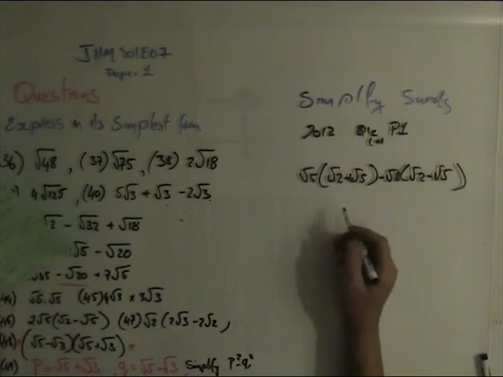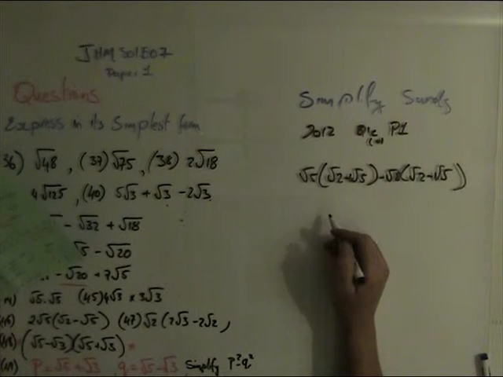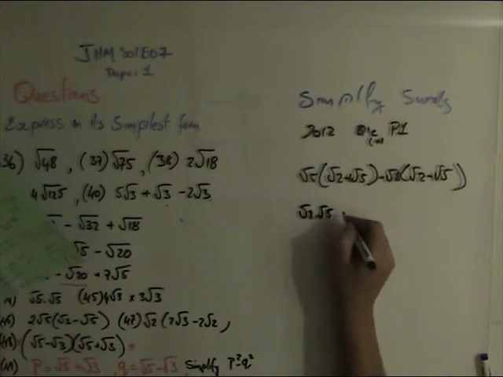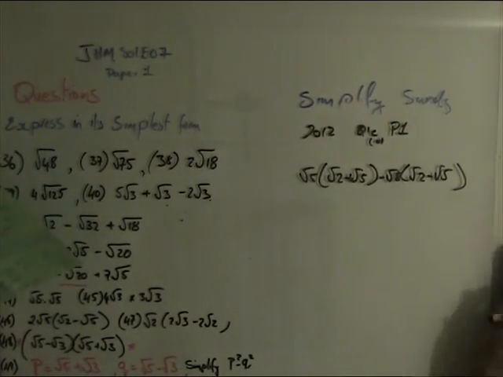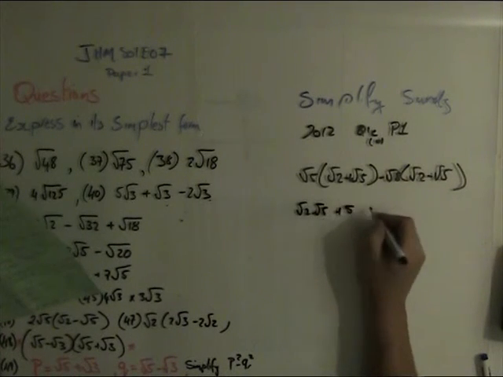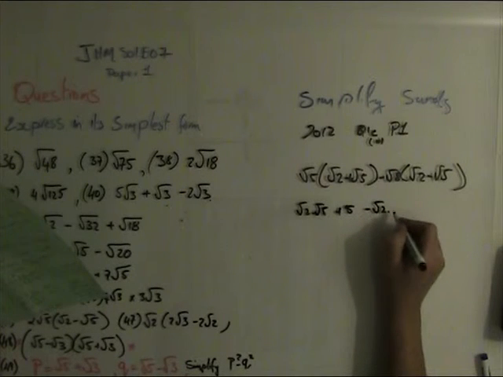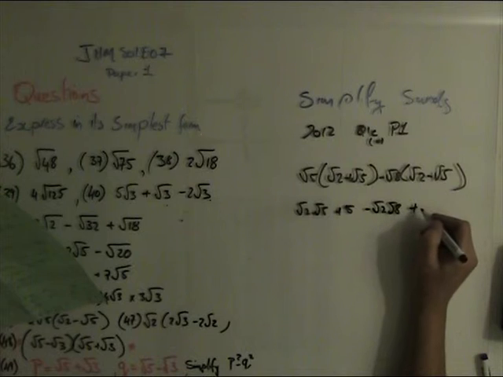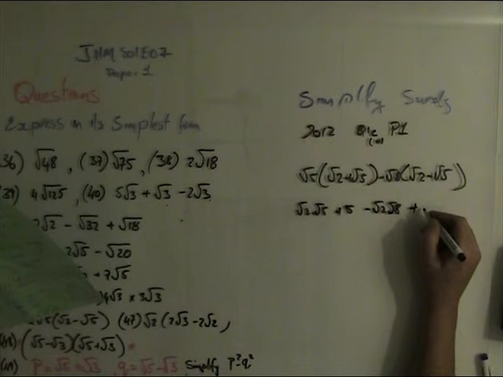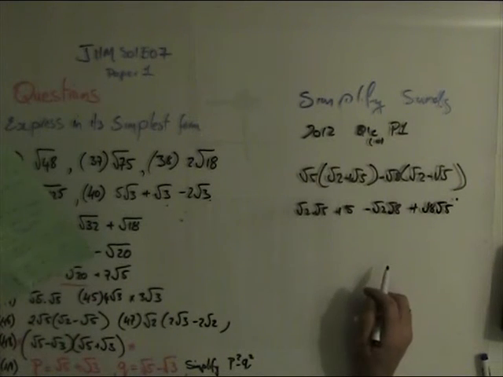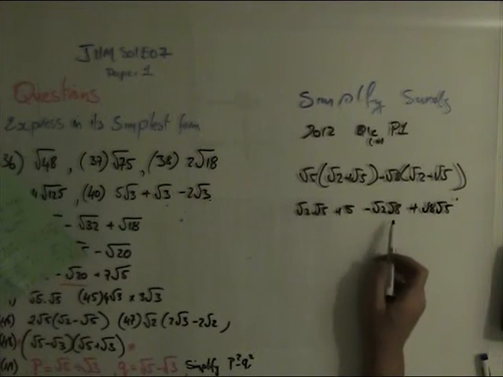Root 5 by root 2. Now you've done this before, you multiply them out. So you got root 2 by root 5, plus 5, minus root 2 by root 8, following the signs, minus by minus, plus root 8 by root 5. Okay, and it seems to continue on down with them.